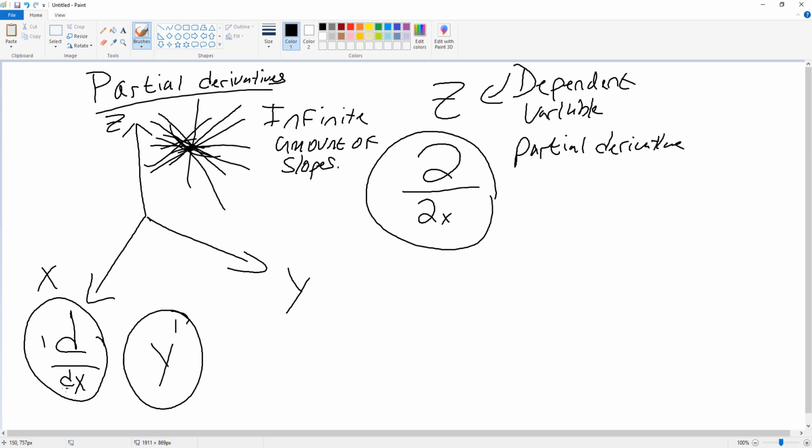Think of it like a musical note. So it's not like a 2, it's more like a curve. We're going to reserve that notation for our partials. And that's the Leibniz notation. The Newton notation is very much favored.